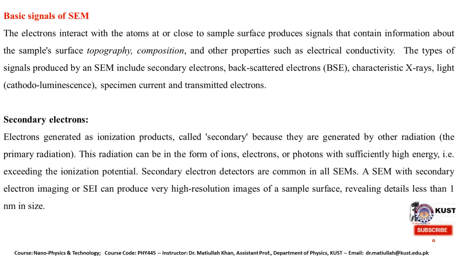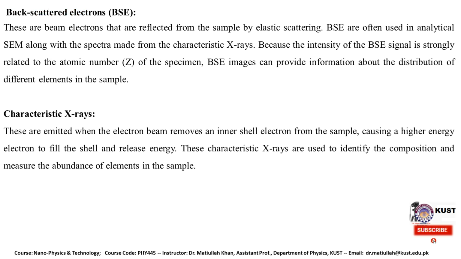The other radiation is the primary radiation produced by the electron gun. This radiation can be in the form of ions, electrons, or photons with sufficiently high energy exceeding the ionization potential. These secondary electron detectors are common in all SEMs. Secondary electron imaging, or SEI, can produce very high resolution images of a sample surface, revealing details less than 1 nanometer in size.